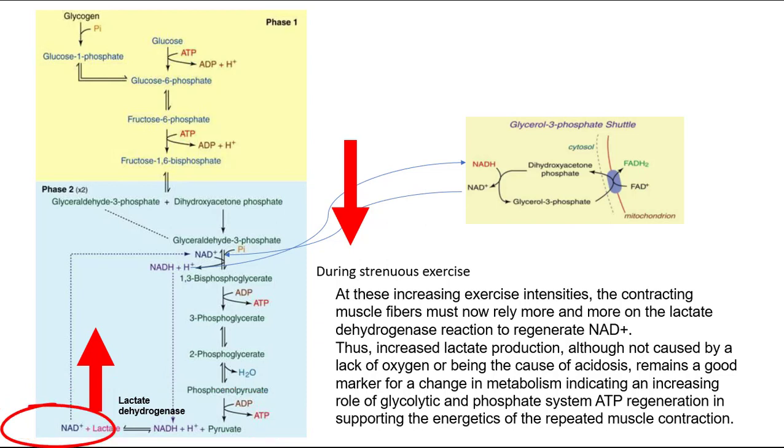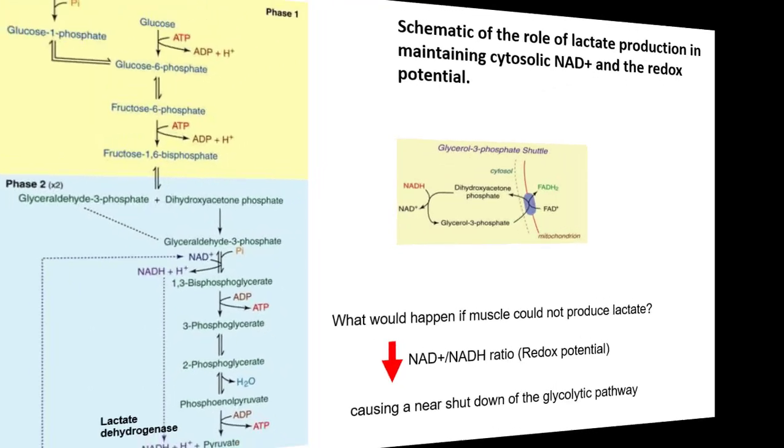Thus, increased lactate production, although not caused by a lack of oxygen or being the cause of acidosis, remains a good marker for change in metabolism, indicating an increasing role of glycolytic and phosphagenic system ATP regeneration in supporting the energetics of the repeated muscle contraction.